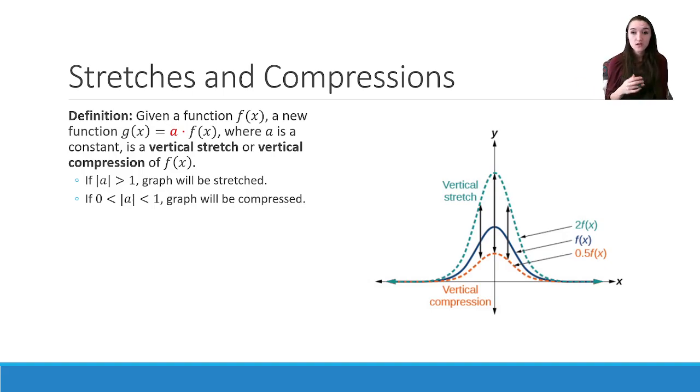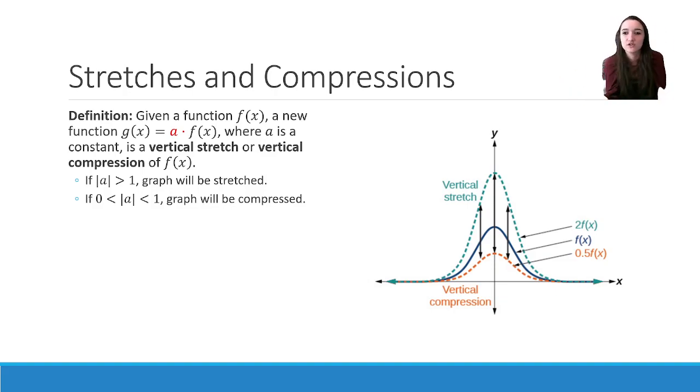So, if the number is negative, if a is negative, well, we're doing a stretch or a compression, but we're also doing a reflection. So that's why we talk about this as just the absolute value of a, because it being negative means there's a reflection involved as well, because we've taken a reflection and we've taken this stretch.